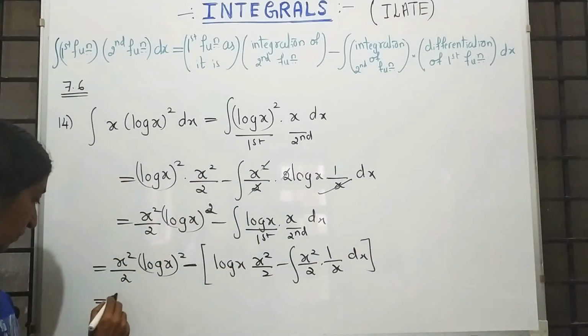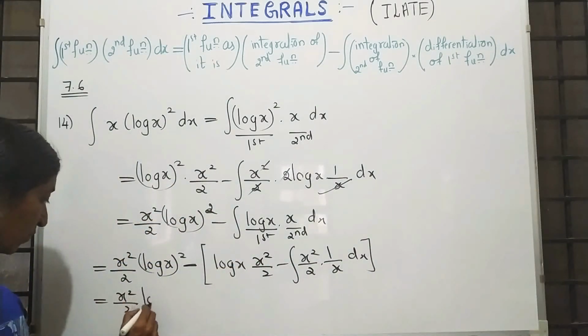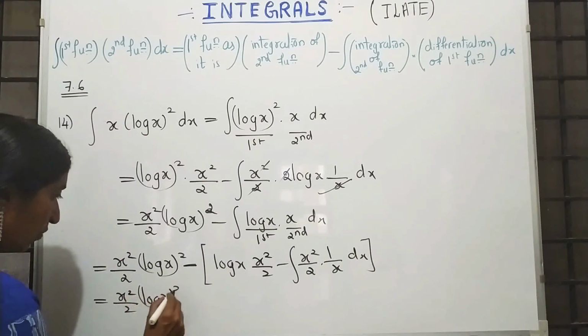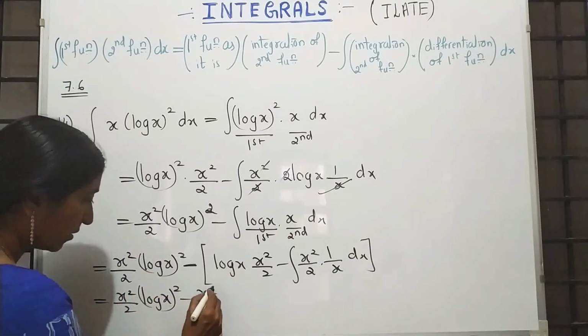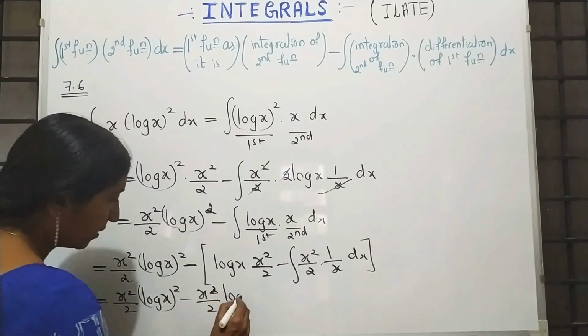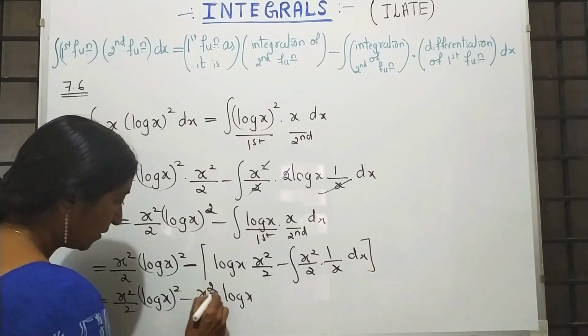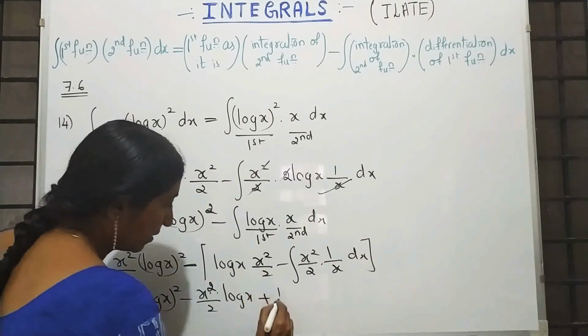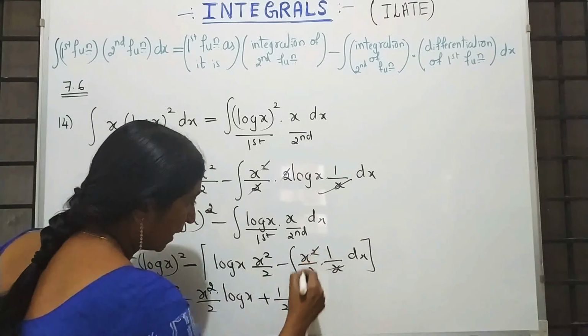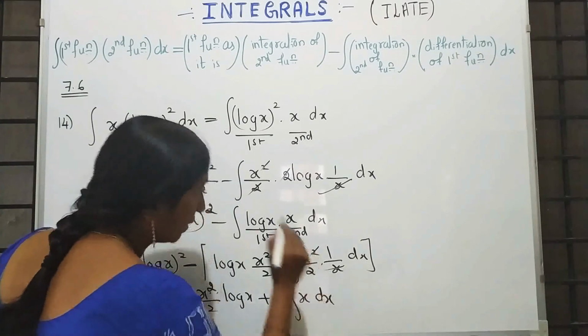Now x square by 2 log x whole square minus x square by 2 log x, minus into minus plus 1 by 2, 1 x cancels with this, only 1 x is remaining.